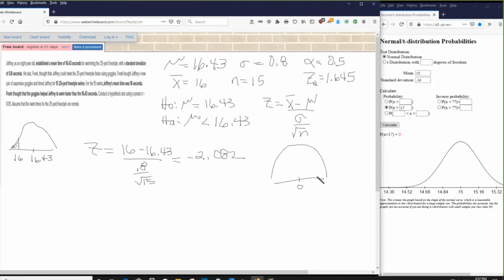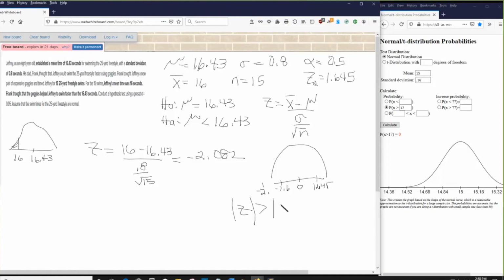So when I'm looking to compare these, the critical value is going to be plus or minus 1.645. And we ended up with a minus 2.08. So our first thing tells us that we want the absolute value of z.